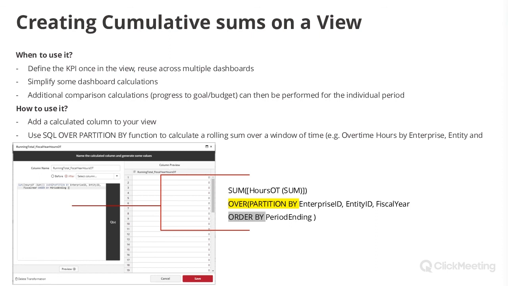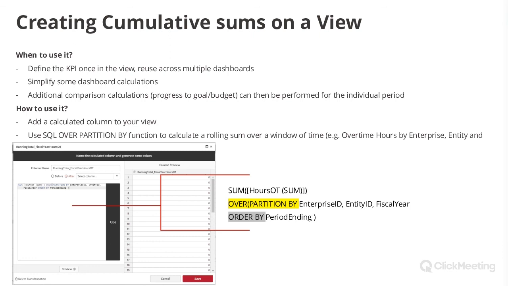It also gives you an option, using functionality we talked about earlier with the data aggregate, to look up progress to budget or goal, which is a typical scenario that we see. So knowing where you are within a certain period of time and how you're progressing to that budget or goal based upon where you are.